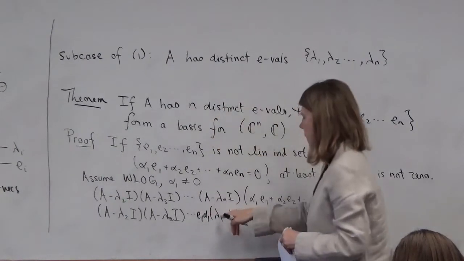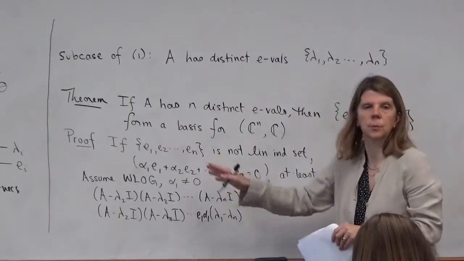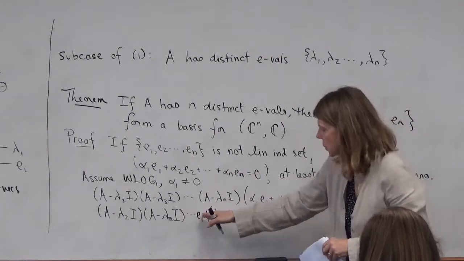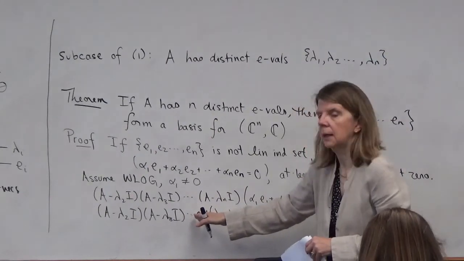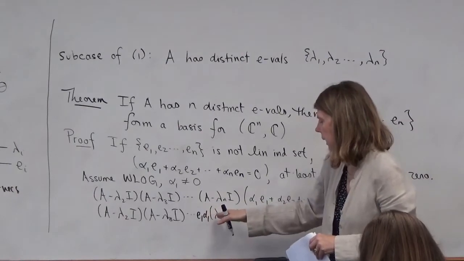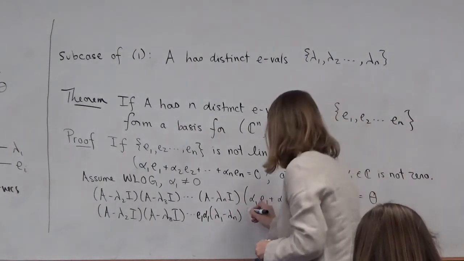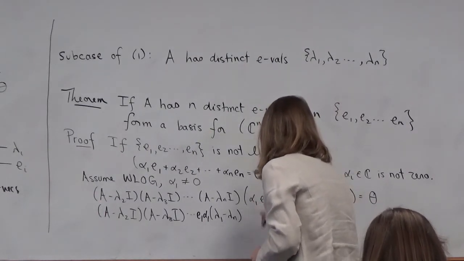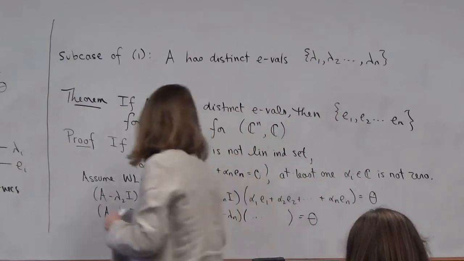Okay, because these are just scalars, I can keep the scalars back here. I can move them wherever I want in this product. And then you keep doing that. So each time, E1 is going to be multiplied by the matrix A minus lambda n minus 1 I. And so E1 is an eigenvector, so you're going to get lambda 1 minus lambda n minus 1. Okay, so I brought this back. I'll have additional terms here, equal to 0.